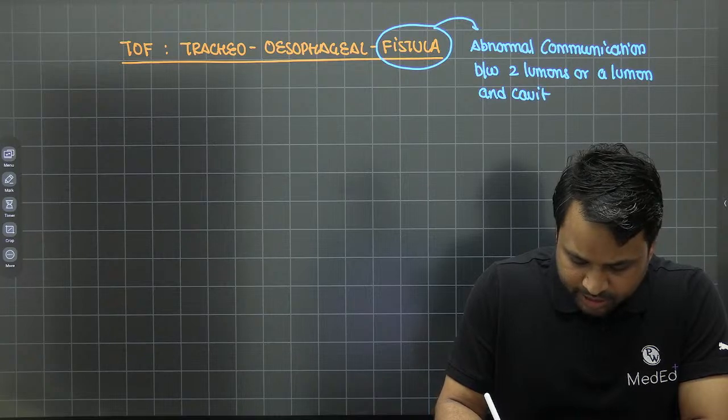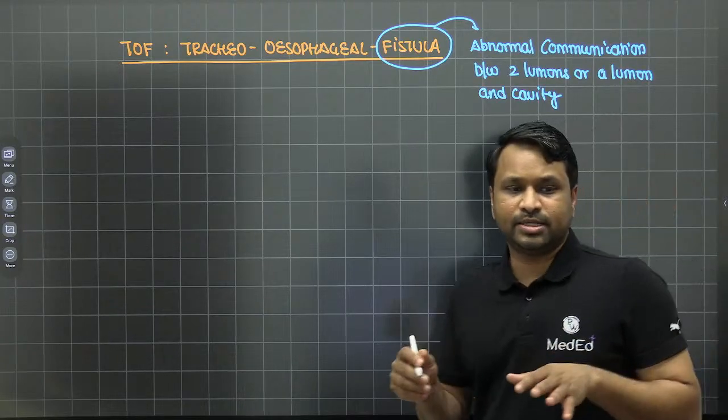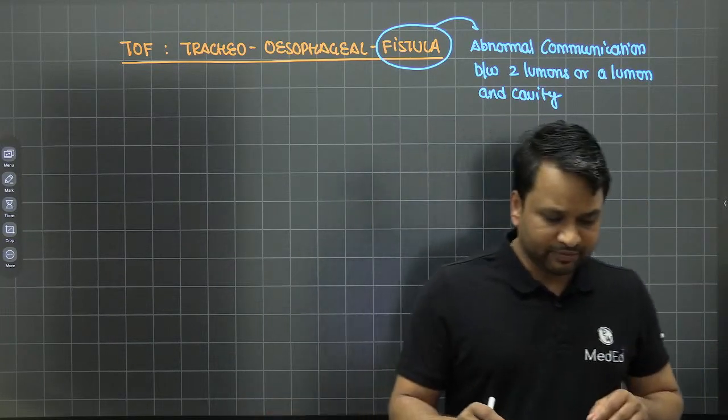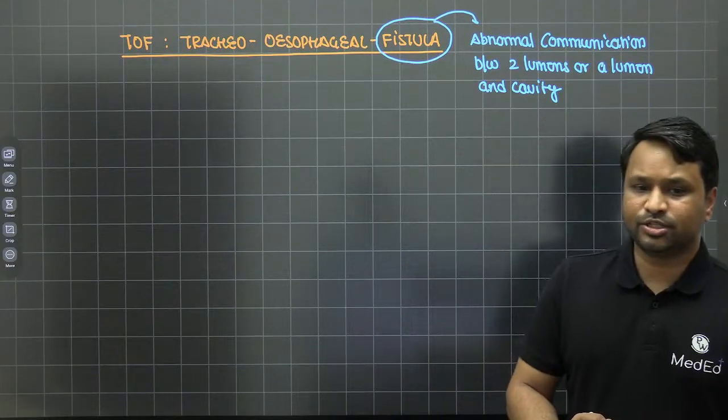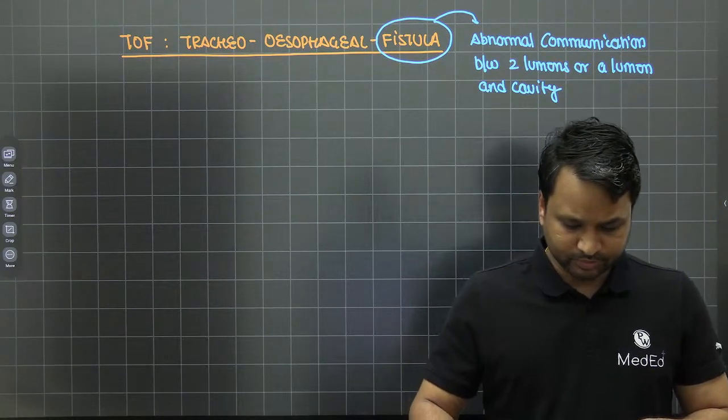Either it is communicating between two lumens or between a lumen and a cavity, and this is what we call the tracheoesophageal fistula, right?